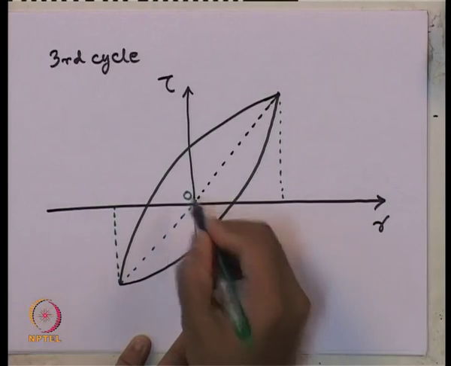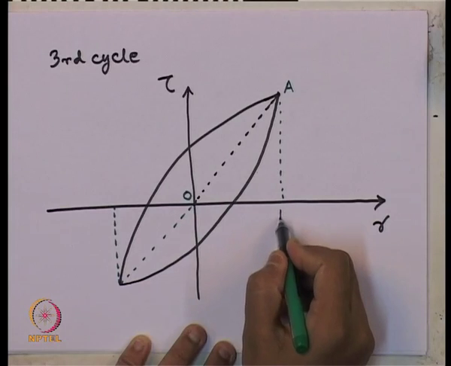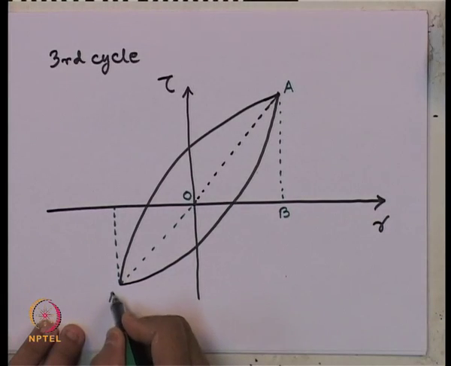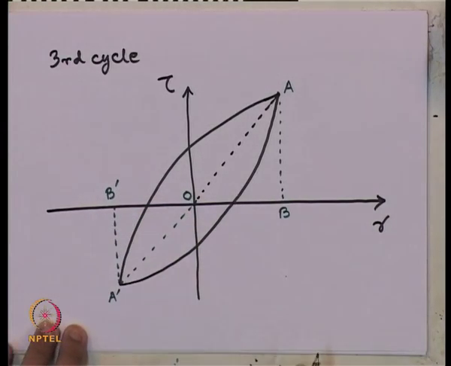Let us say this is the origin, this point is A, this is B, this is A dash, this one is B dash.